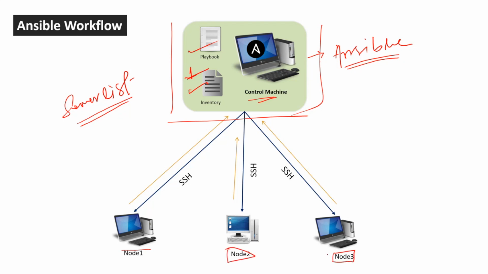The control machine will scan the inventory file first, and it will see the server names and server information, the IP addresses and all the information, and then it will connect. It will connect to the respective machine through SSH.